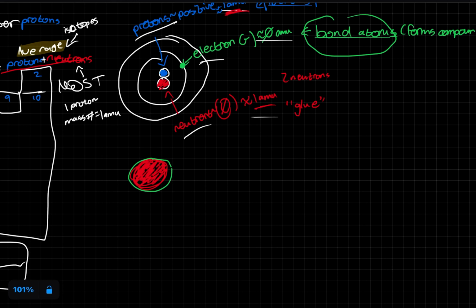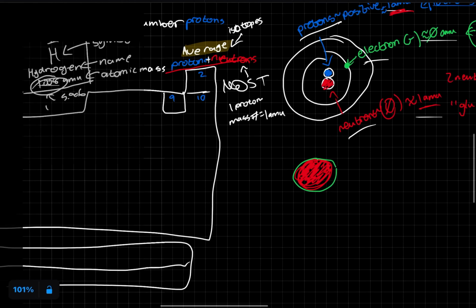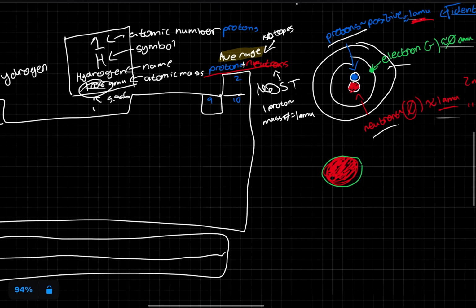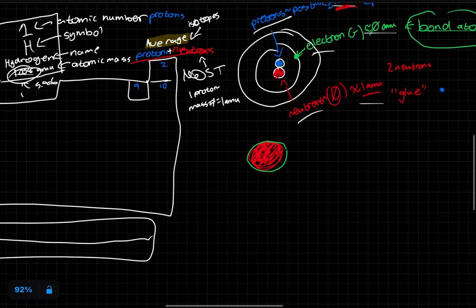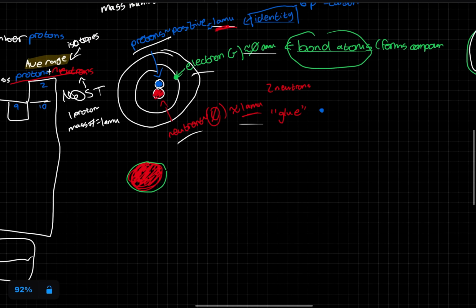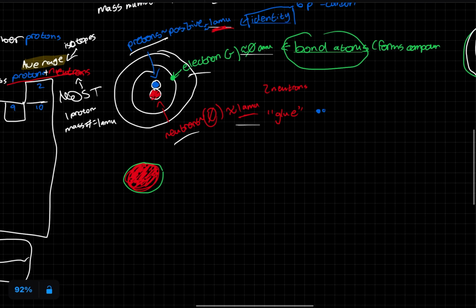It might not be apparent in this diagram because it just has 1 proton, but let's say we've got an element, and I was talking about beryllium earlier, so let's say beryllium. Beryllium has 4 protons, and let's say it has 3 neutrons.